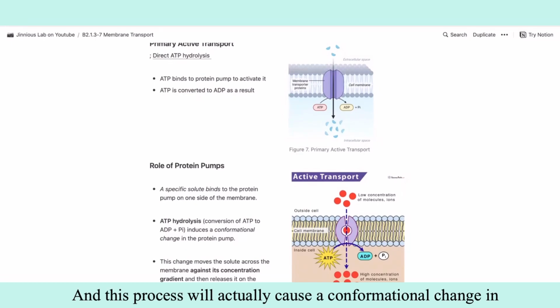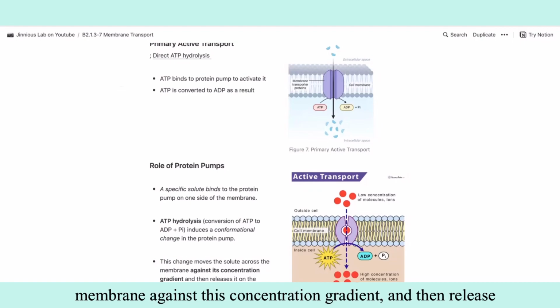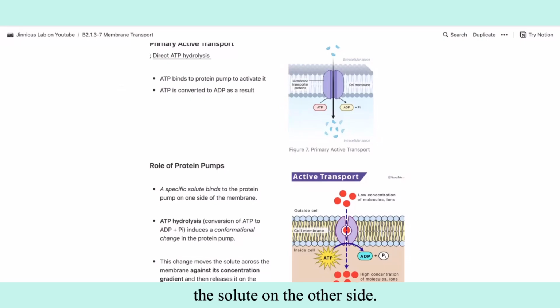And this process will actually cause a conformational change in the protein pump. And this change will move the solute across the membrane against its concentration gradient, and then release the solute on the other side.